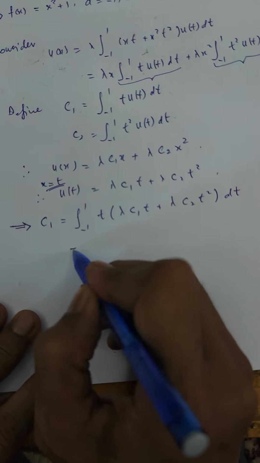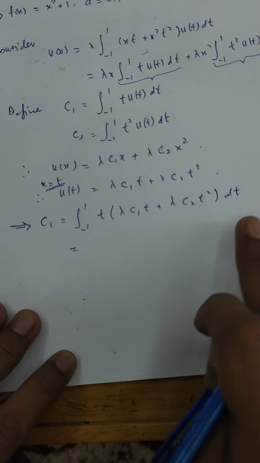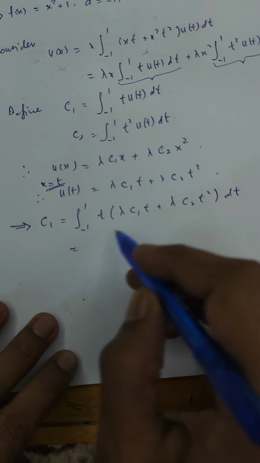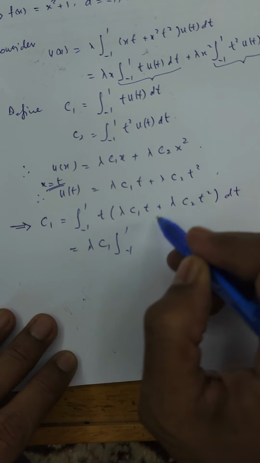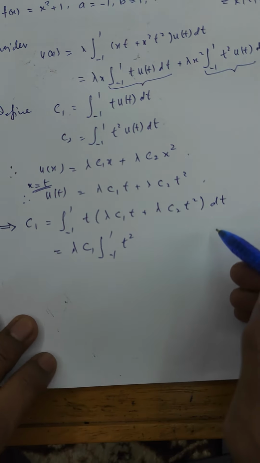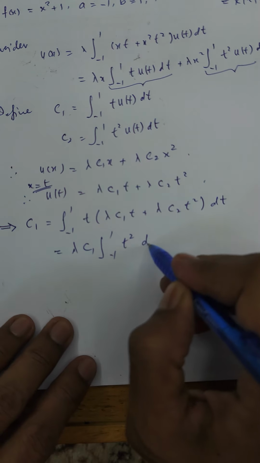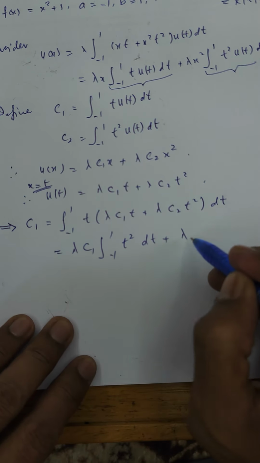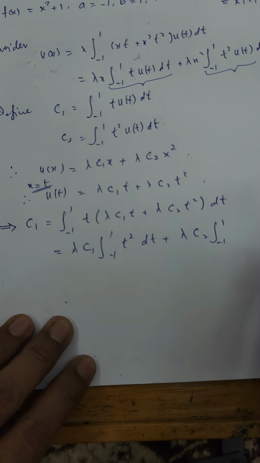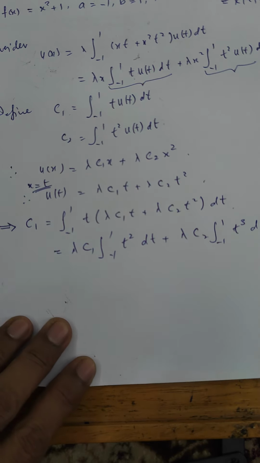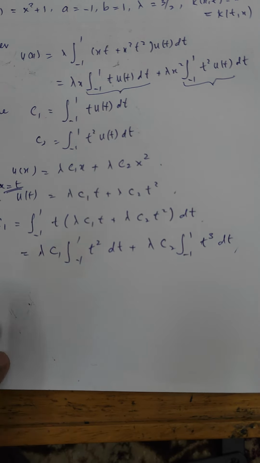That gives lambda C1 integral from -1 to 1 of t squared dt plus lambda C2 integral from -1 to 1 of t cubed dt.